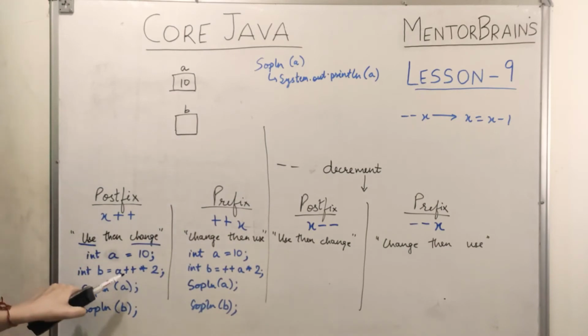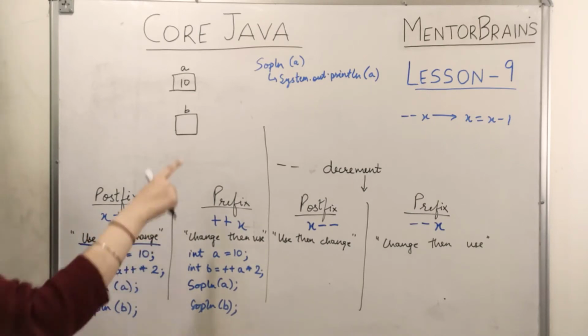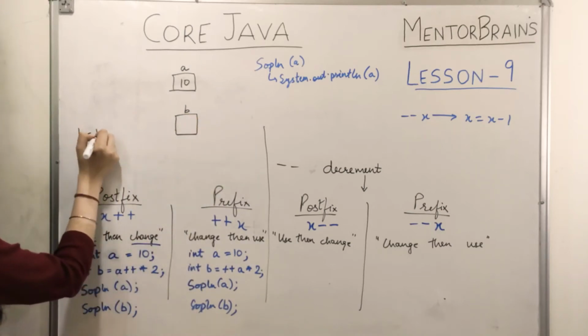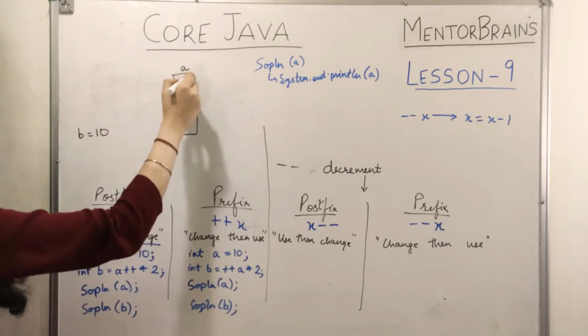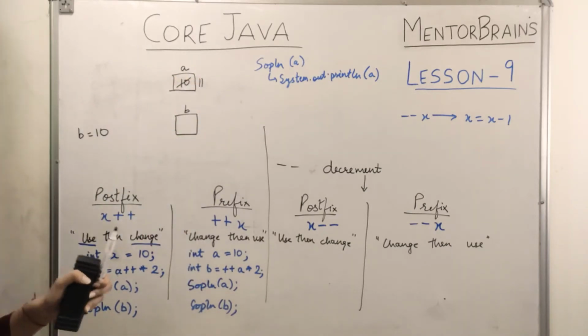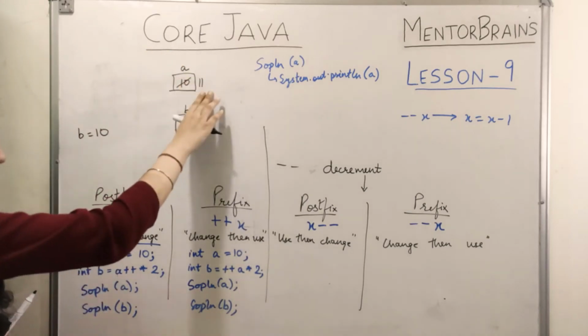We have a plus plus, that is use then change. So a plus plus results in the value 10, and we'll use the value 10 first, and then in the memory it will be changed to 11. In further statements, whenever we print a or use a anywhere, the changed value will be used.